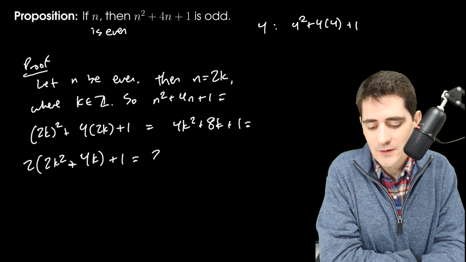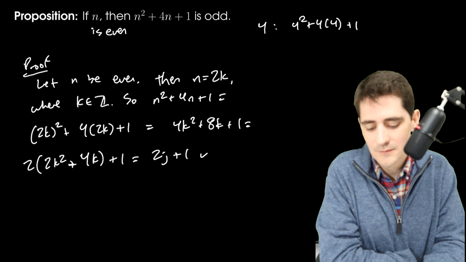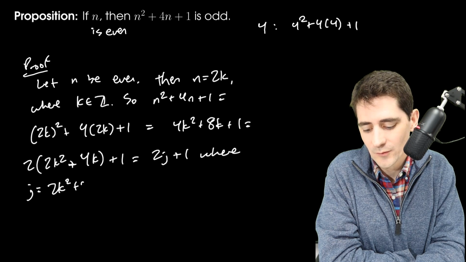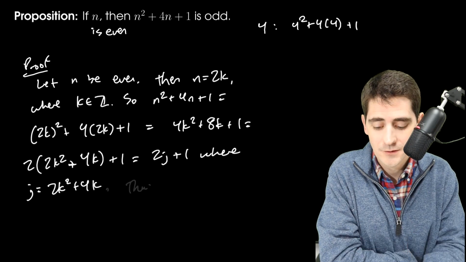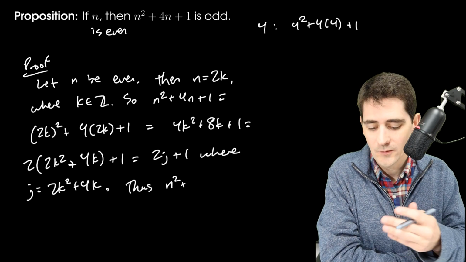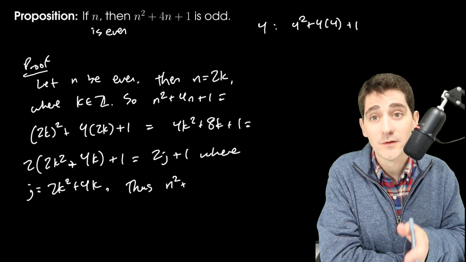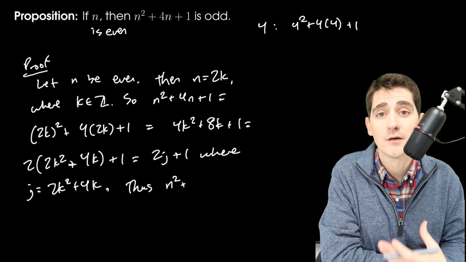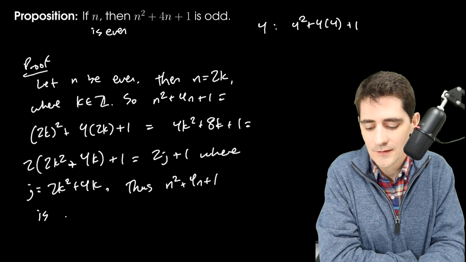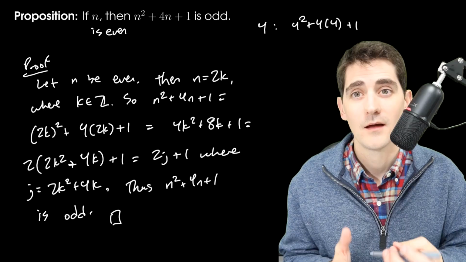And so that can be written as 2 times j plus 1, where j equals 2k squared plus 4k, which we know is an integer. Thus, by definition, n squared plus 4n plus 1 is 2 times an integer plus 1. This n squared plus 4n plus 1 is, in fact, odd. I hope that makes sense.